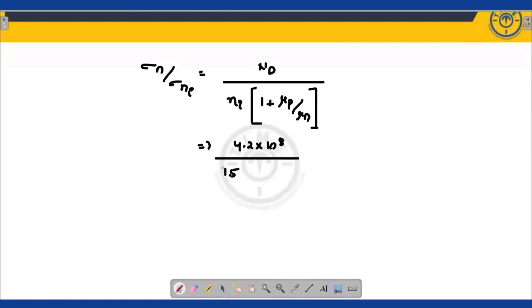Then it will be one plus, very, very important, mu p by mu n.